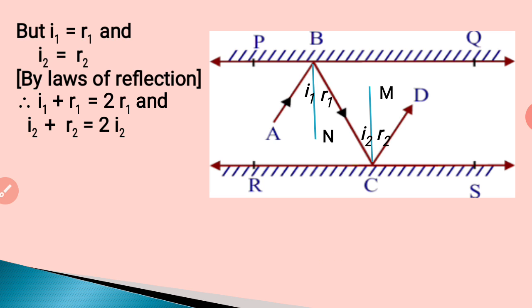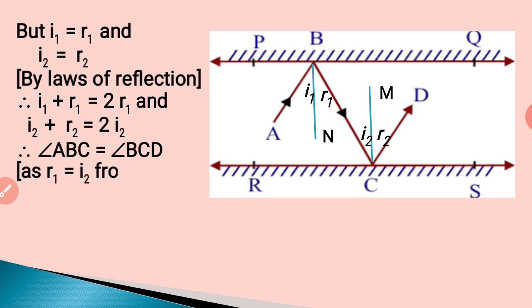Similarly, I2 and R2 are equal, so I can write their sum to be twice I2. But R1 and I2 are equal, so twice of them are also equal. So 2 times R1 equals 2 times I2. So we conclude that angle ABC equals angle BCD.